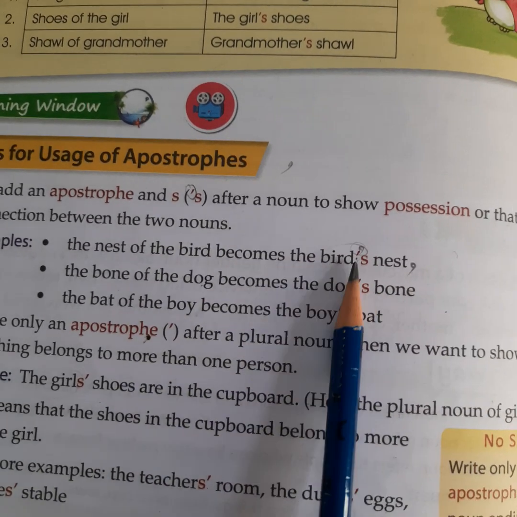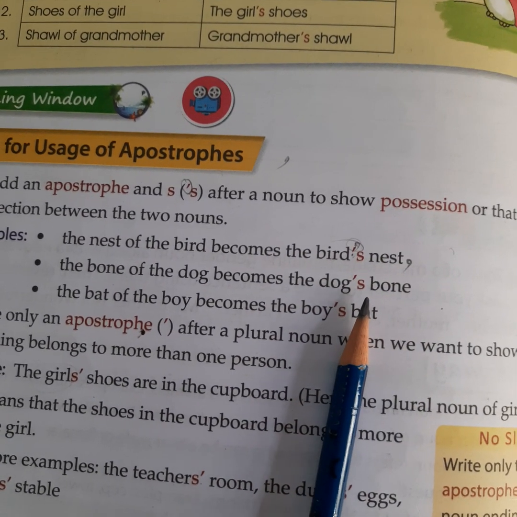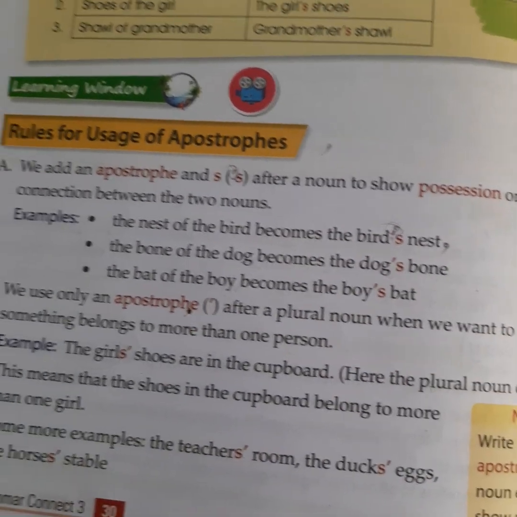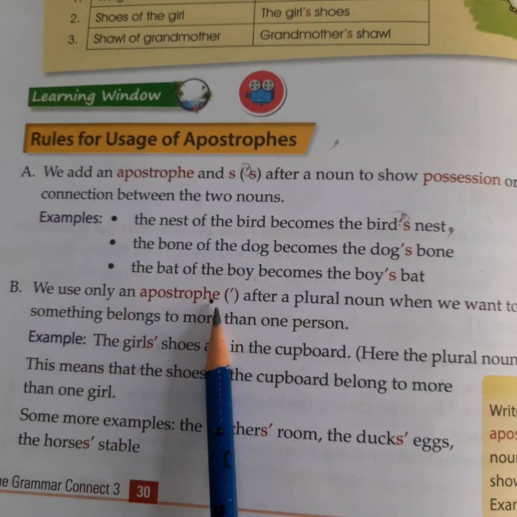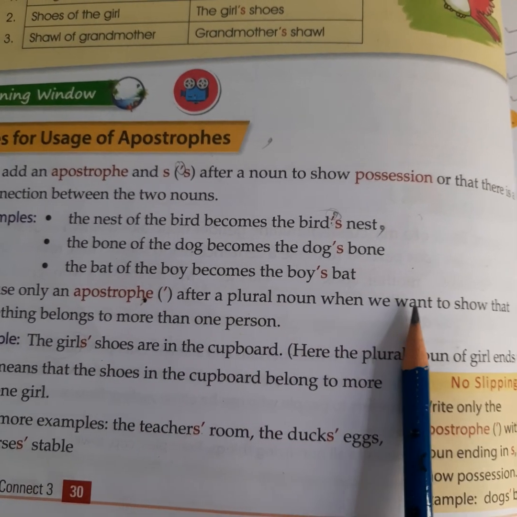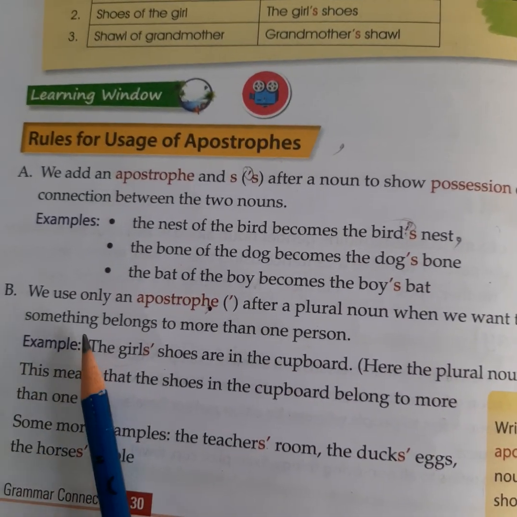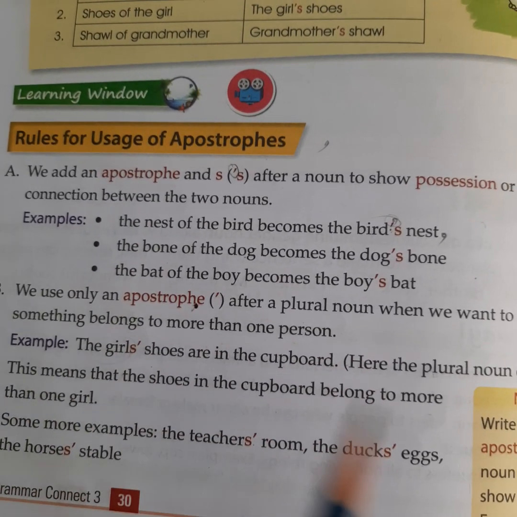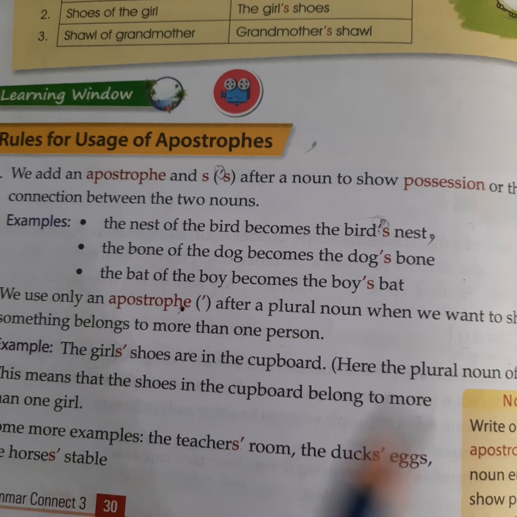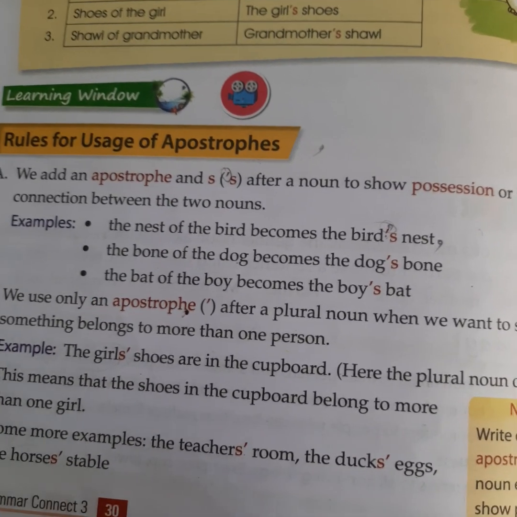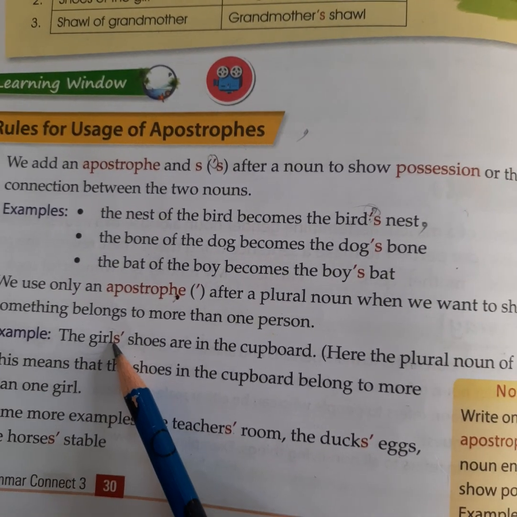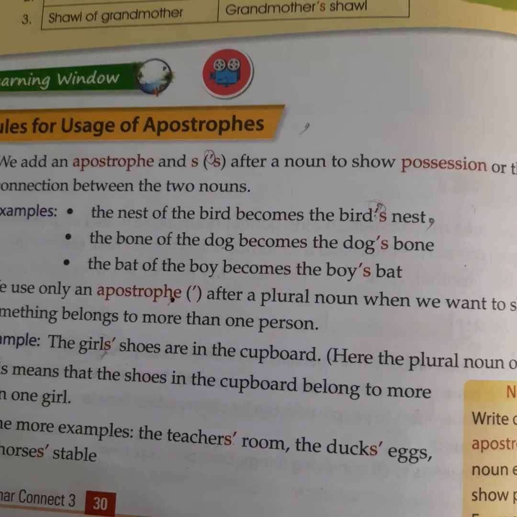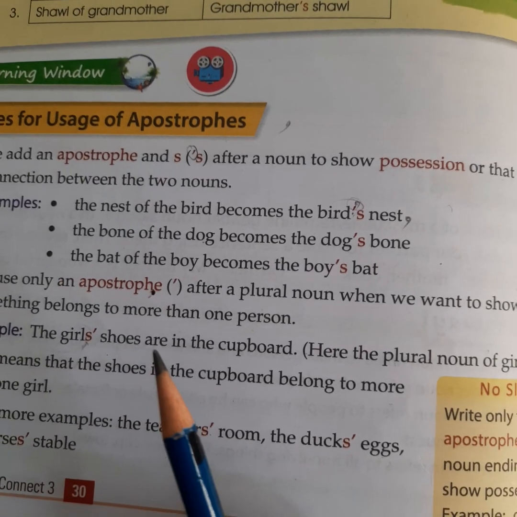The word and then apostrophe S. The noun and the apostrophe S. Word and noun both are the same thing. We use an apostrophe after a plural noun when we want to show that something belongs to more than one person. If there is already an S at the end of the noun in plural form, we don't have to add another S. एक word में सिर्फ एक ही S use किया जा सकता है.